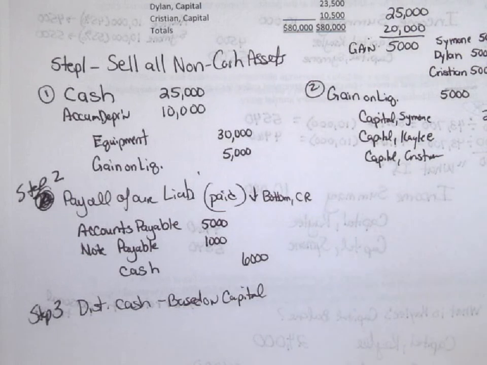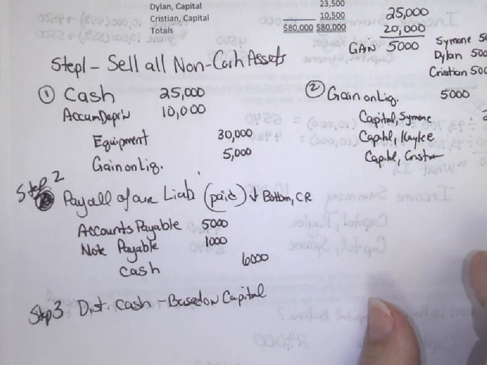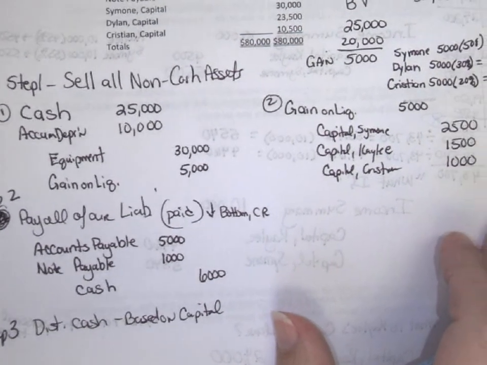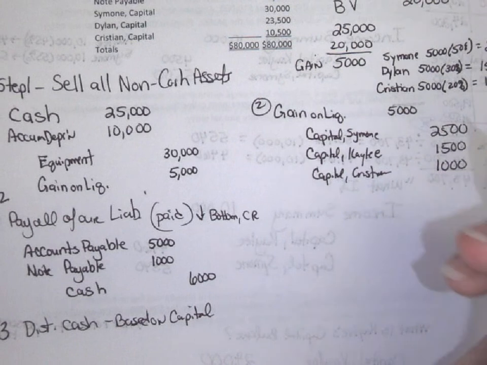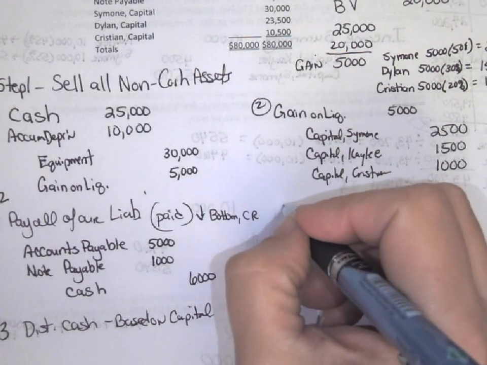If that were to happen, what we would see is that that particular owner would have to pay the partnership back that negative balance, and then it would be distributed out to the other partners based on what their accounts actually showed. So right now, let's look at our capital accounts and our cash accounts.